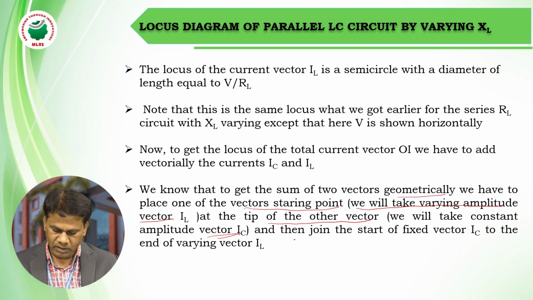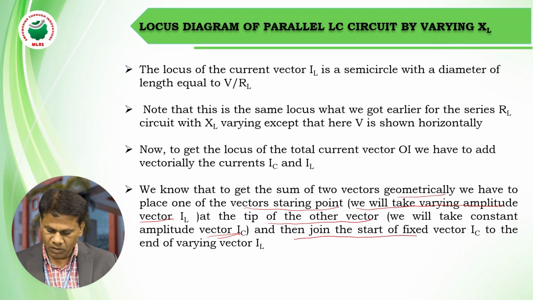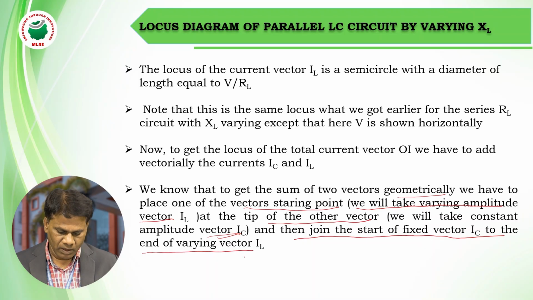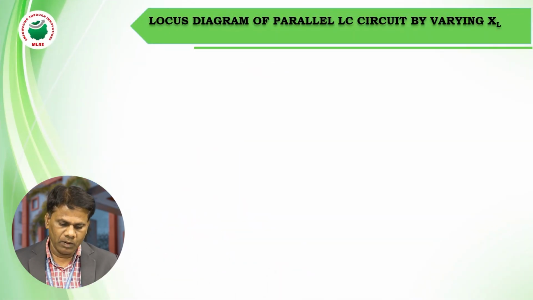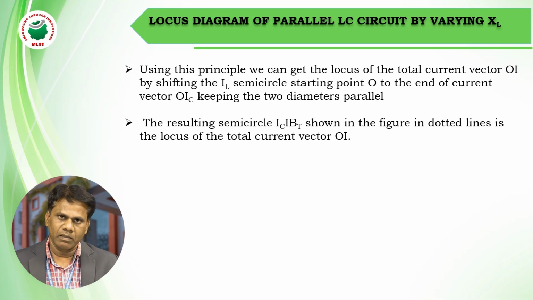Then we join the start of the fixed vector IC to the end of the variable vector IL. Based on this principle, I am going to draw the locus diagram for the total current I.